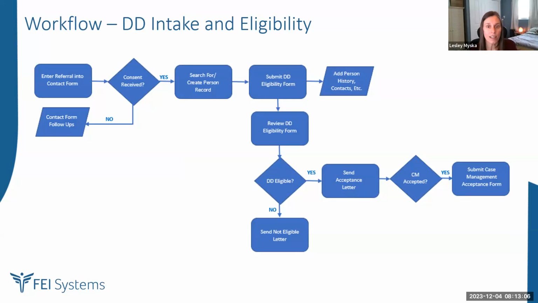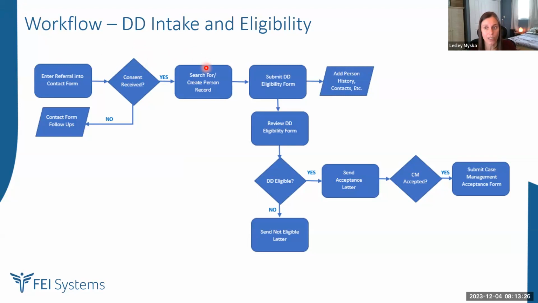Once the individual has provided consent to the assessment, then the DD intake and eligibility coordinator can search for the person record to see if it exists in the system. And if it does, they can navigate to it.